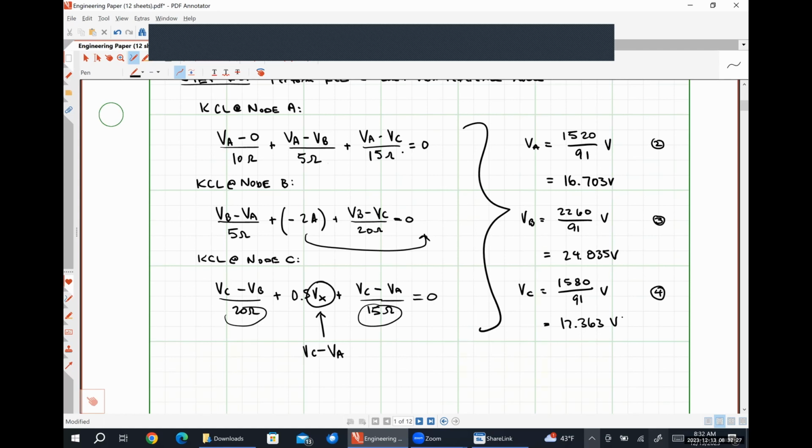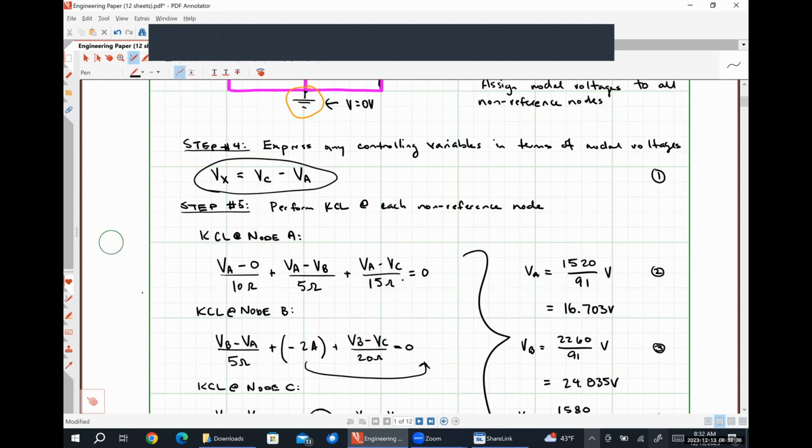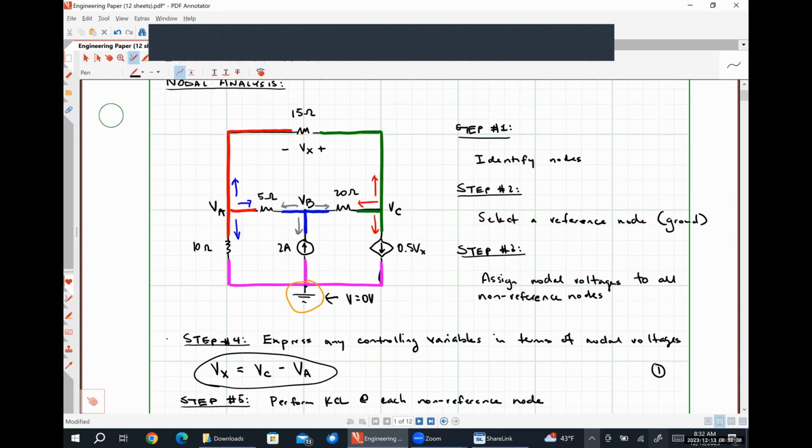So now let's talk about what we can do with those results. For a problem like this, if it were to show up on an exam, I would usually ask you 2 to 3 questions about it, okay? First question would probably be, what would Vx be? So how would we find Vx now that we know all of our nodal voltages?